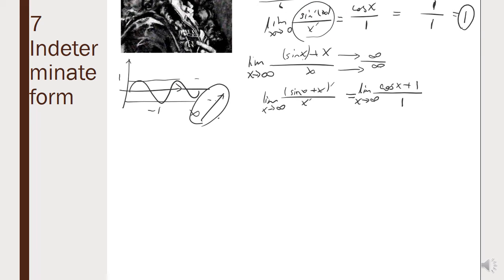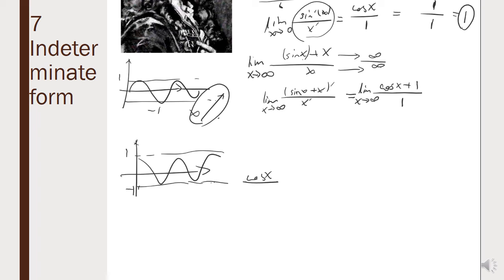So on top, we still have an oscillating function, because cosine x is nothing but the shifted version of sine x. It looks something like this, but still within the two lines, -1 and 1. Although x is very large, cosine x is still oscillating.